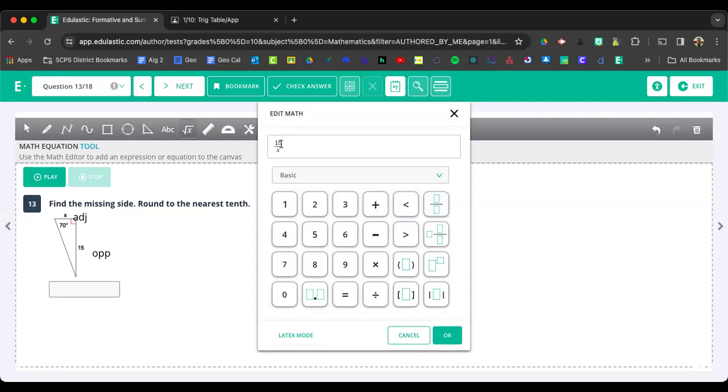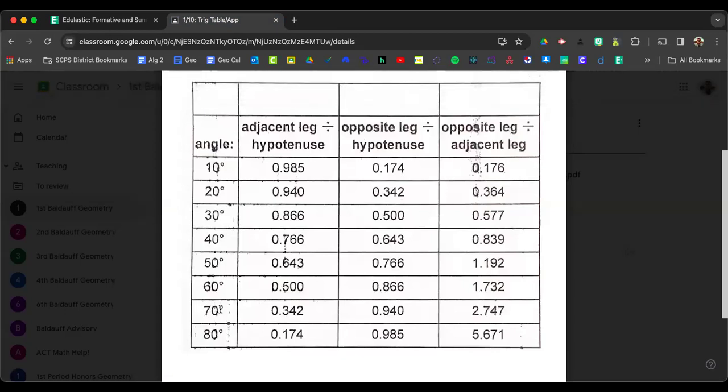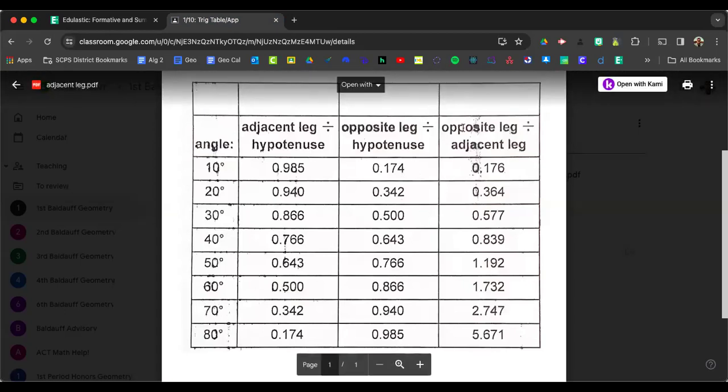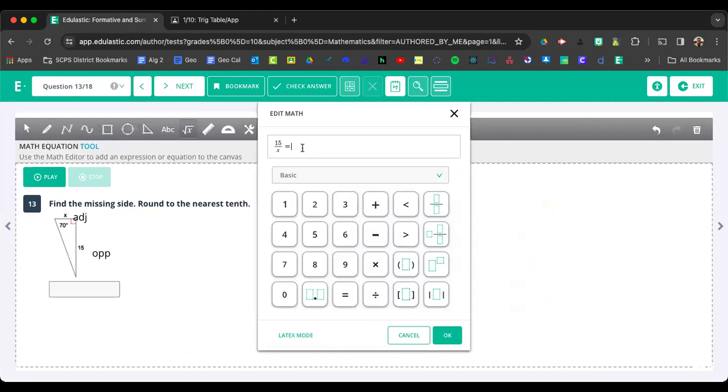And how you would set that up is you would say 15 over x equals, and then we need to find whatever decimal goes with 70 degrees in that last column. If we go to 70 degrees down here near the bottom, and go to the last column because we have opposite and adjacent, it's 2.747. So this is how we're going to set it up to start.